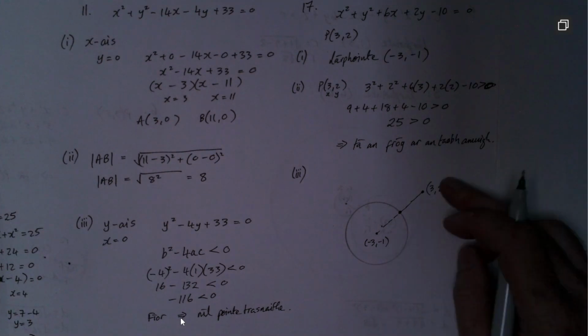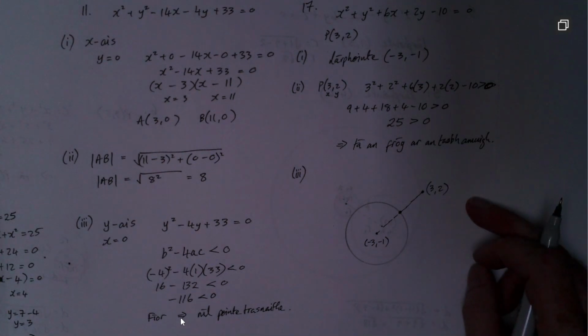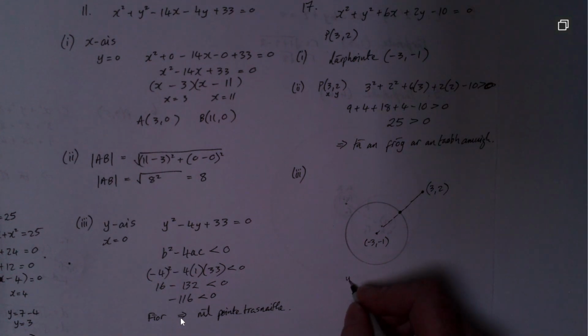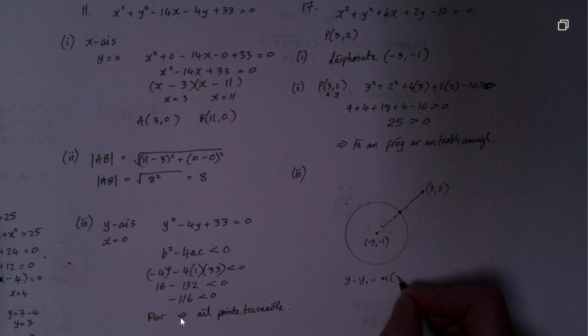The formula for the line is y minus y1 equals m times x minus x1.